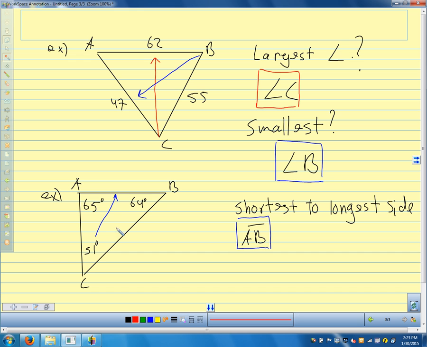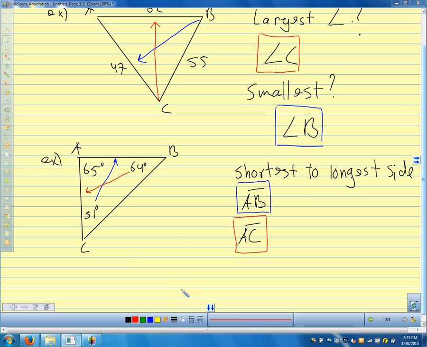AC, because it's opposite the medium angle. And the longest, that only leaves one side, CB. And if it helps you to draw the arrows, that's fine.